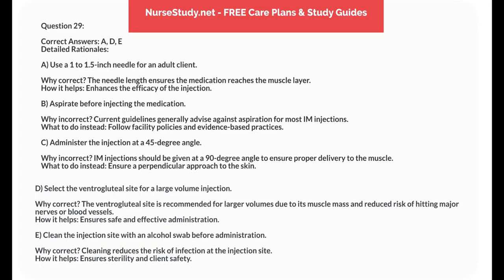The ventrogluteal site is recommended for larger volumes due to its muscle mass and reduced risk of hitting major nerves or blood vessels. How it helps: ensures safe and effective administration. E. Clean the injection site with an alcohol swab before administration. Why correct? Cleaning reduces the risk of infection at the injection site. How it helps: ensure sterility and client safety.